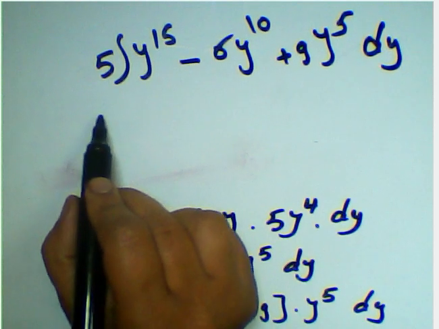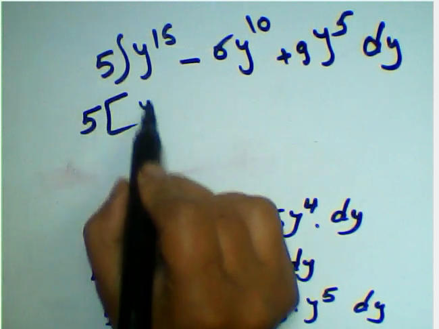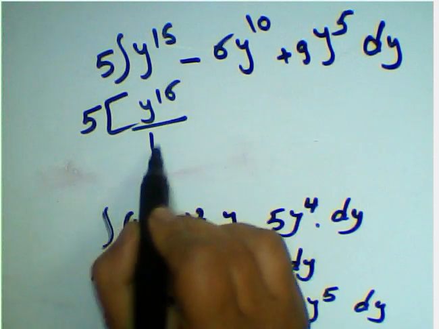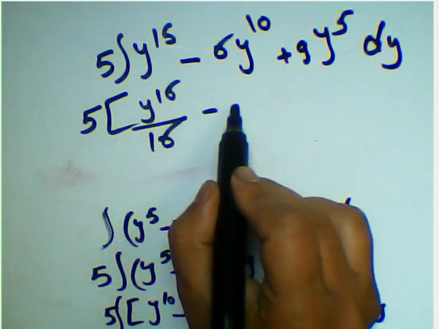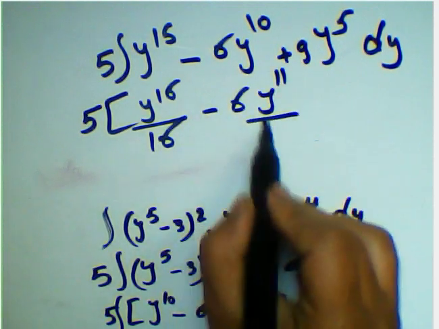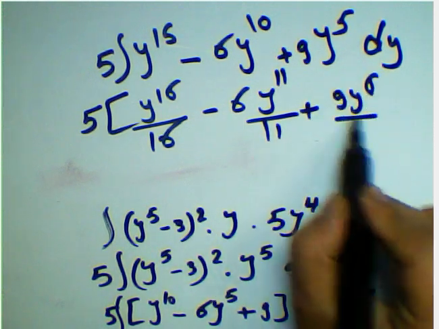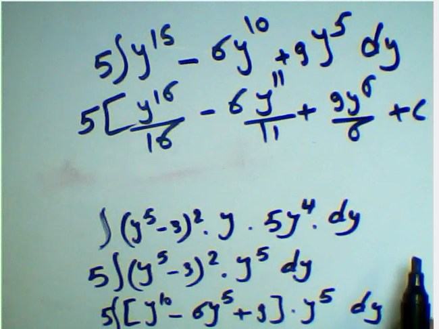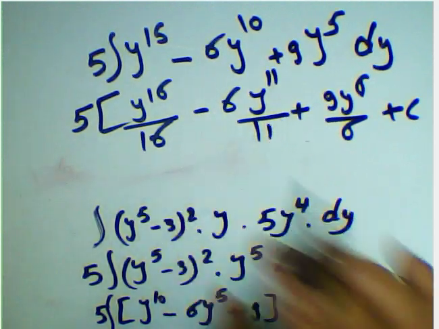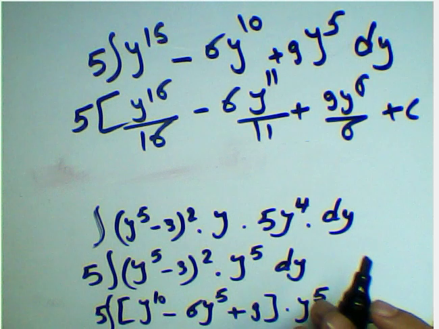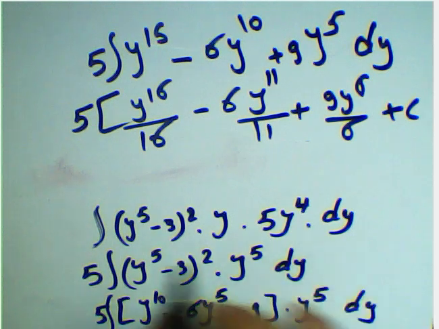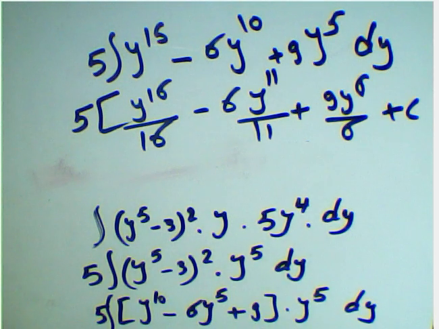Okay, we can write 5 here, y power 16 over 16, minus 6y power 11 over 11, plus 9y power 6 over 6, plus constant. Then we replace y back in terms of x, and write the fifth root of x plus 3.